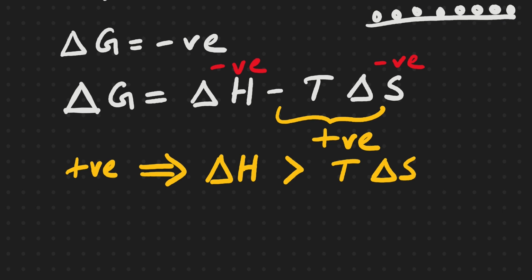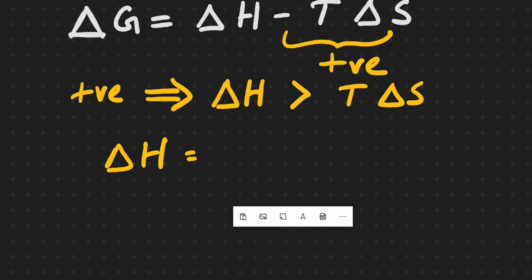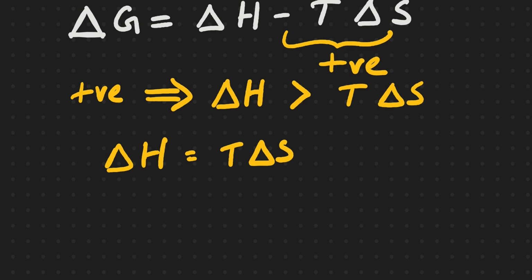So as the adsorption proceeds, suppose the delta H is a high negative value, and as the adsorption proceeds, the delta H becomes less and less negative, and ultimately it becomes equal to T delta S. So what happens?